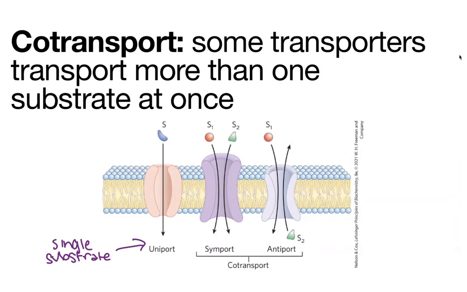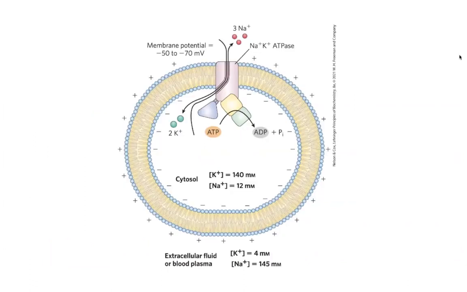And it doesn't just have to be one-to-one. So we'll see key examples, like one of the ways in which we're able to maintain that gradient, in which we have sodium higher outside of our cells and potassium higher inside of our cells. We'll look later at how one of the key ways that we maintain this gradient is through the sodium-potassium ATPase. This is an example of an antiporter, so it's letting one thing out and letting another thing in.